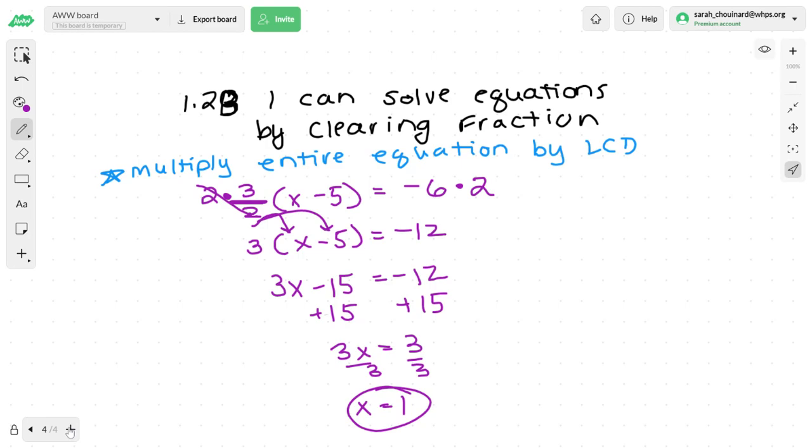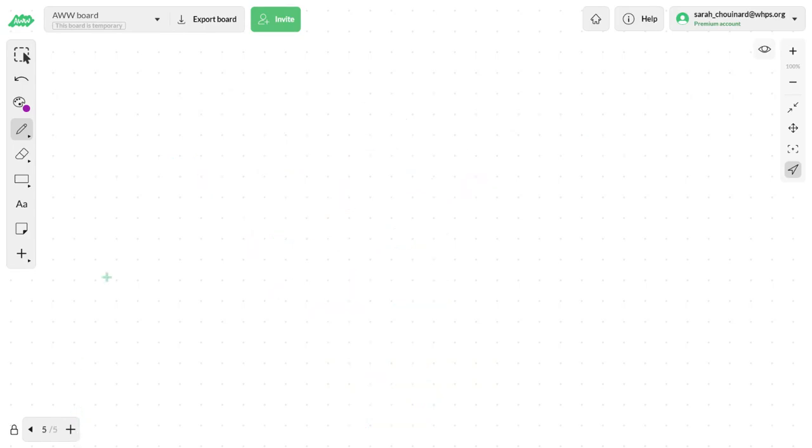Let's try one more like that. So let's try 6 plus 3 halves x minus 1/4 equals 2/3. I don't particularly like the looks of this problem because of the fractions.